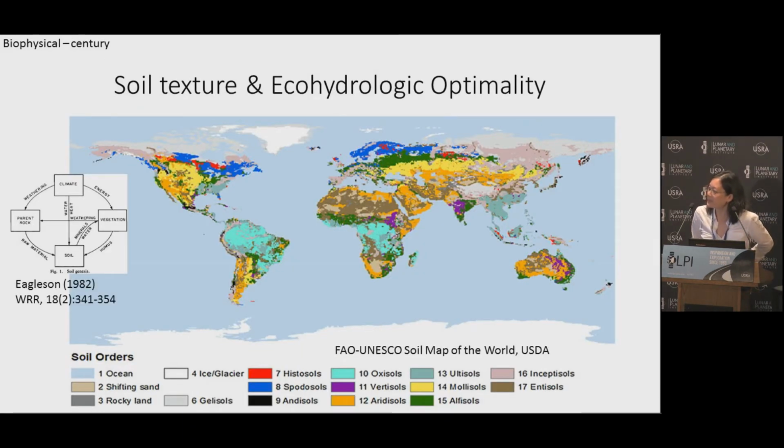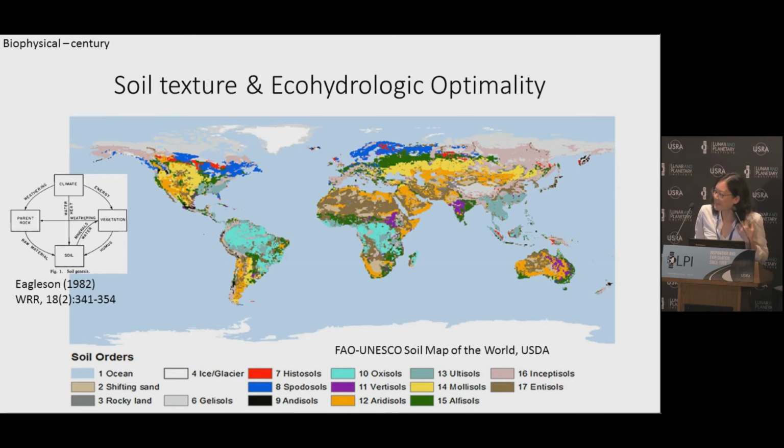Below ground, things are also happening to affect the physics of the system. Ecosystems do develop the physical hydrological properties of soil, and this is a map of soil types. And there's an eco-hydrological optimality theory that seems to be borne out, that the soil vegetation continuum will equilibrate with climate to minimize water stress in the system given the climate.